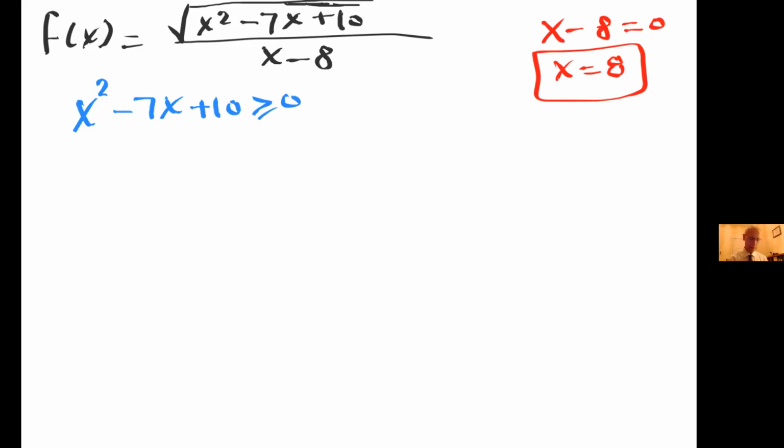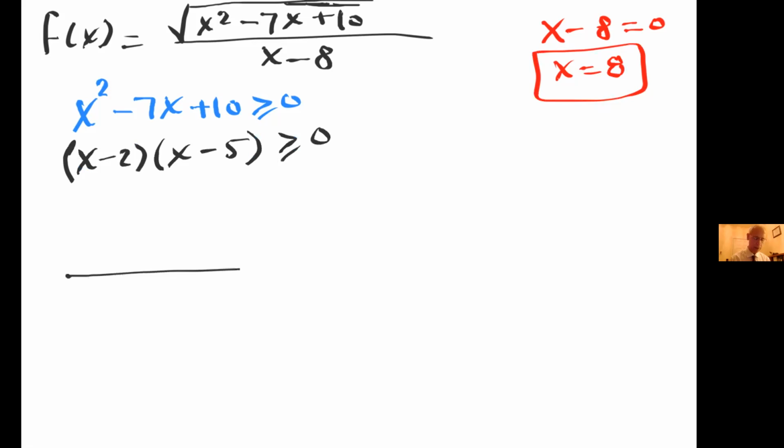So once again, for the numerator, I'm going to say (x − 2)(x − 5) must be greater than or equal to 0. The critical points are going to be positive 2 and positive 5, setting this equal to 0.